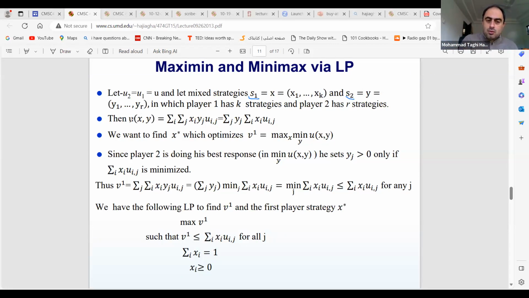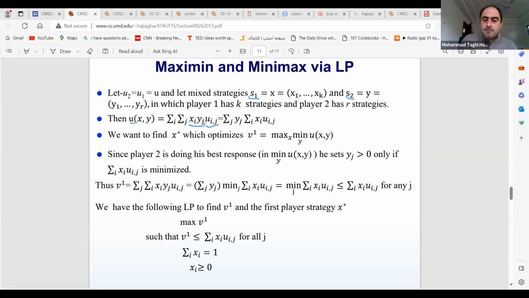Then what is U, your expected utility for this? So this would be essentially the joint probability, xi times yj, times the utility that the agent, the first agent or second agent, gets. And in this case, we talk about the first agent. So it would be the sum over i and j of xi yj uij.